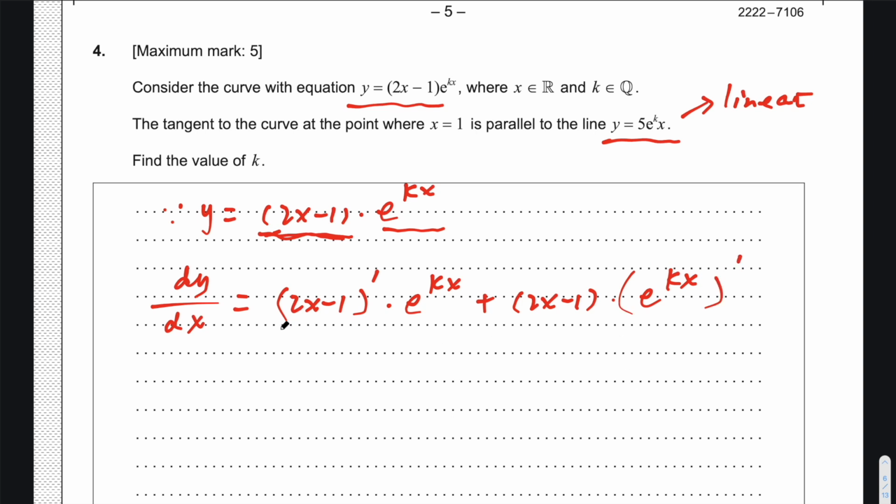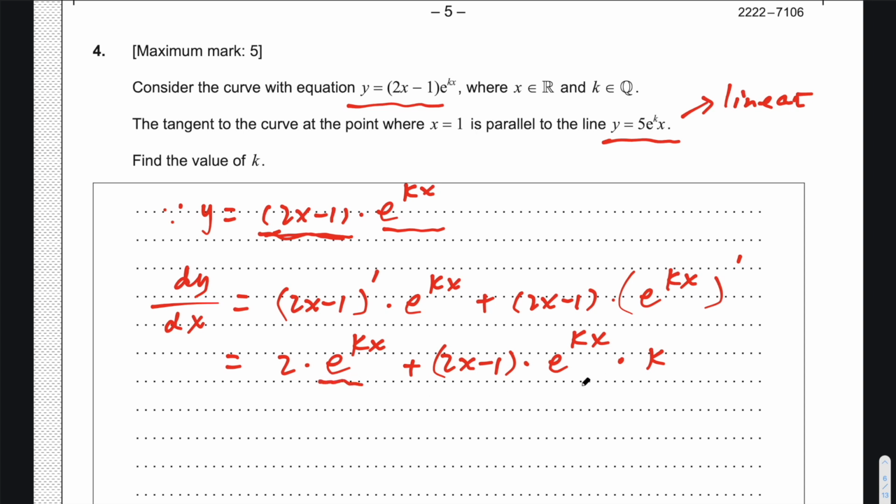Okay, so that means we get 2 times e to the power of kx, then plus 2x minus 1 times, this we have to use the chain rule, then times k, right?